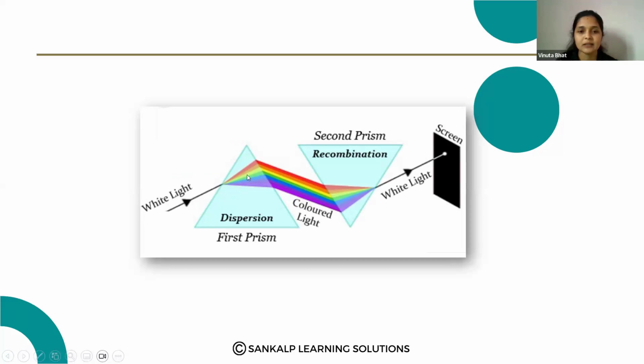So this is the white light, where dispersion occurs and 7 different colors are there. When it moves into the second prism, it is again converted into white light.